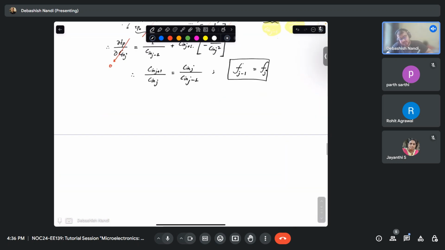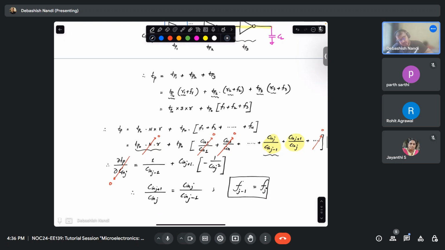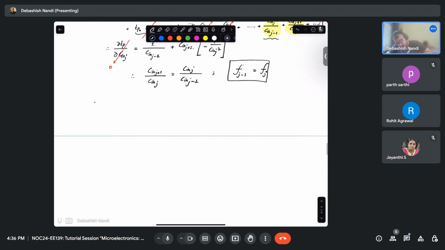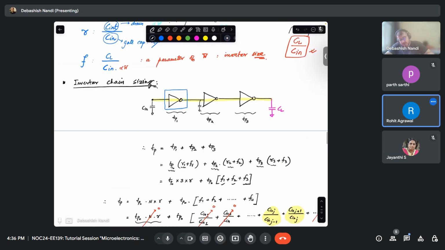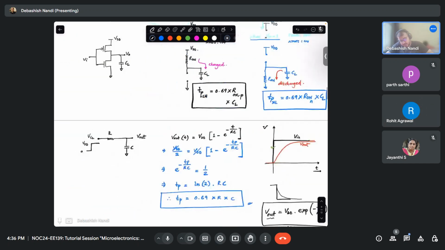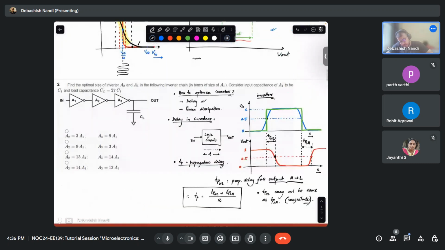In our case, this translates to F1, F2, F3 should be equal. Yes, sir. Our case, F1 should be equal to F2 should be equal to F3, right? Yes, sir. Now in the question, what is given? Let's copy this image.